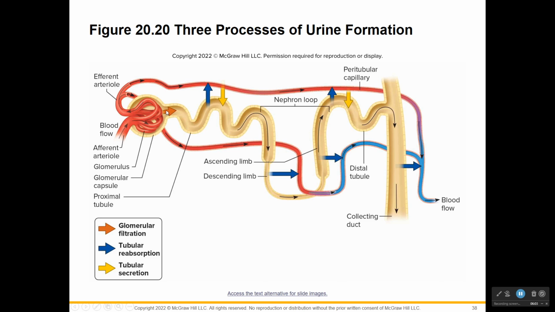So we're going to reabsorb the good stuff. And remember, not everything that we needed to get rid of got out of the blood. So that's why we're going to secrete from the blood into the tubule, and we call that secretion.